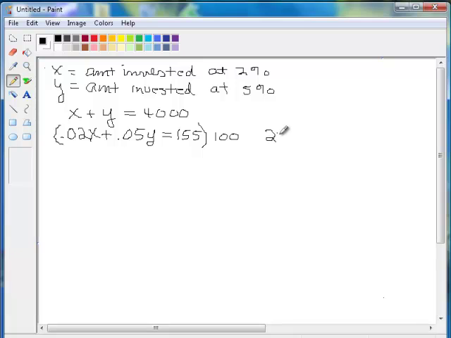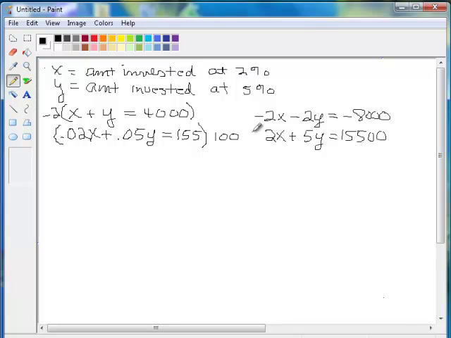And so I'm going to get 2x plus 5y equals 15,500. Now in order to cancel something using the addition method, I'm going to multiply this top equation by -2. And I will distribute that -2 throughout that equation and get -2x minus 2y equals -8,000.